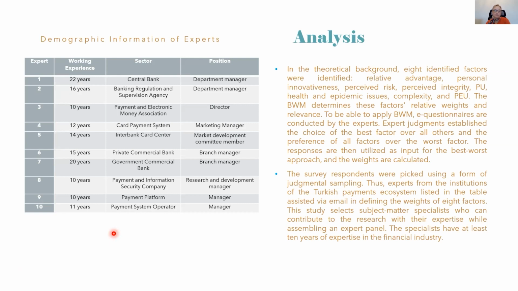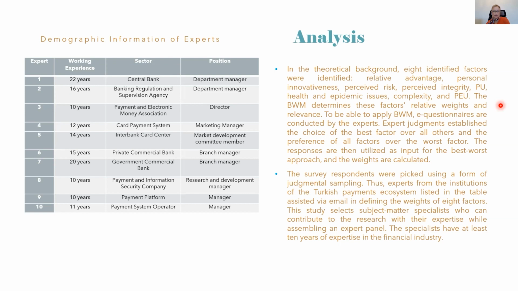In the theoretical background, 8 factors were identified and selected. These factors, as I said previously, are relative advantage, personal innovativeness, perceived risk, perceived integrity, perceived usefulness, health and epidemic issues, complexity, and perceived ease of use. The best worst method determines these factors' relative weights.